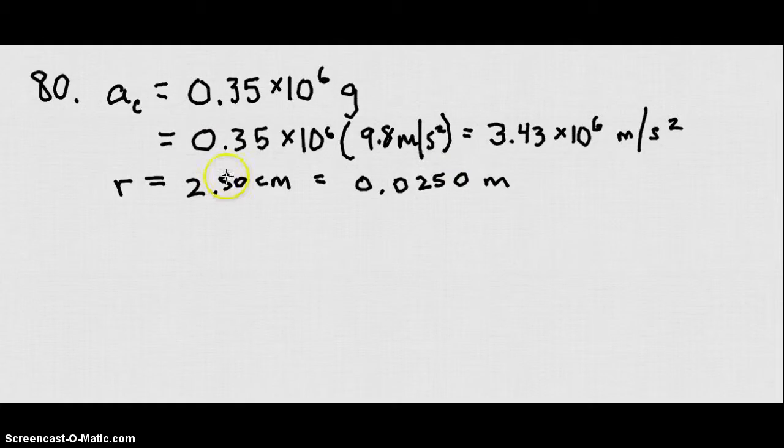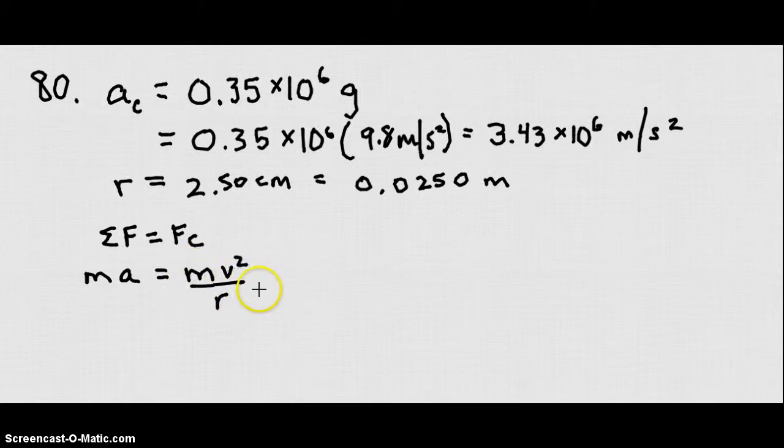Now this equation we're going to use is derived from the fact that the centripetal force ends up being our net force. We know that net force is the mass times the acceleration, and we know that centripetal force is mv squared over r.